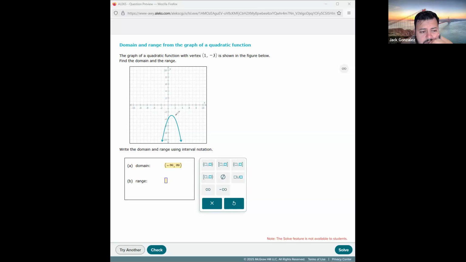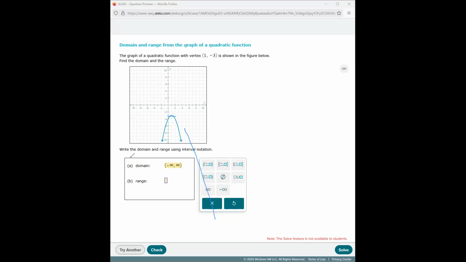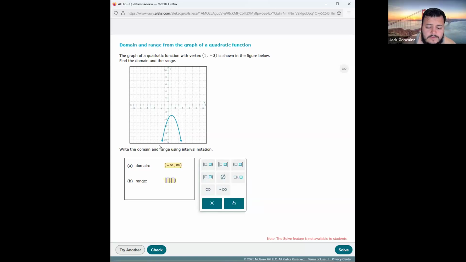Like what's the highest point and what's the lowest point? The highest it ever gets is the vertex, right?